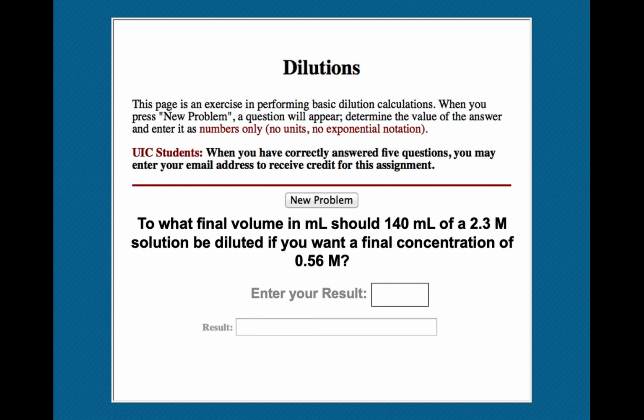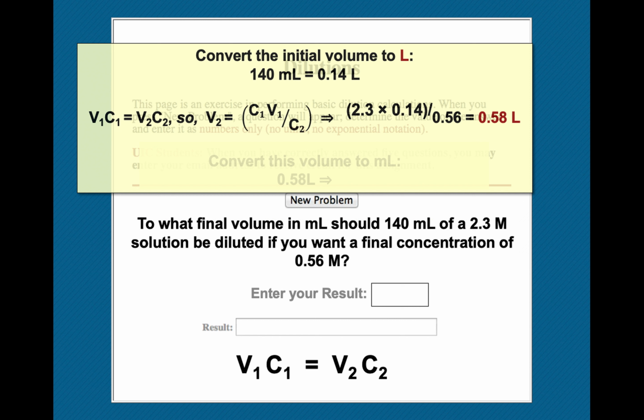Final concentration at C2 of 0.56. There's our basic equation. Again, we're looking for the final volume as V2. V2, C1, V1 over C2. Substitute in 0.58 liters. The problem asks for milliliters, multiplied by 1,000, 580.